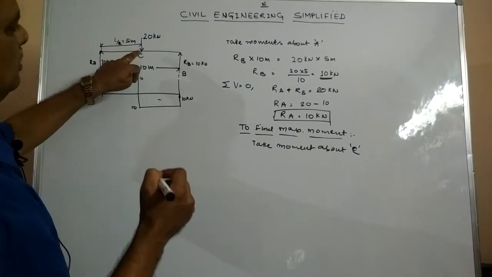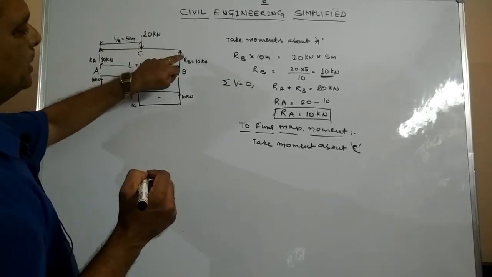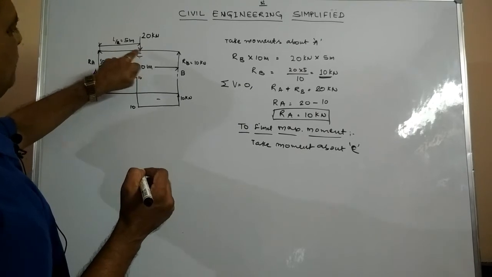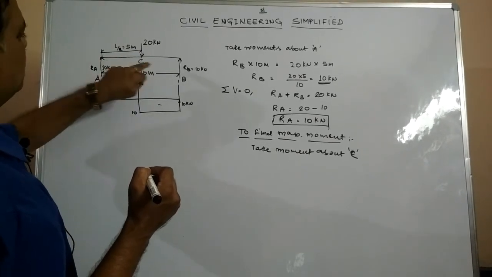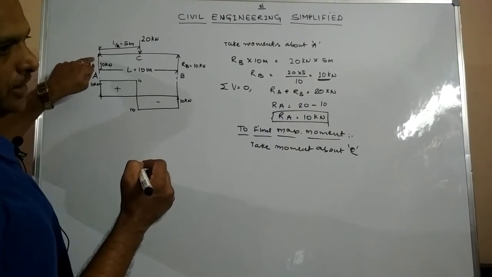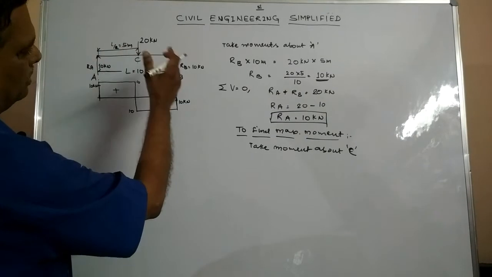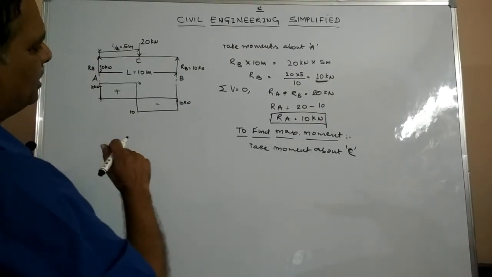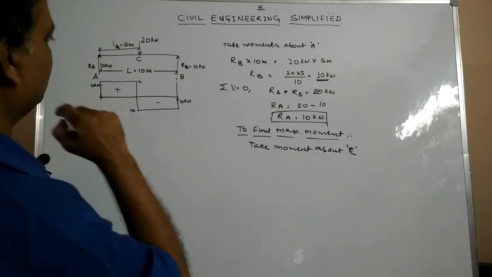So if we take moments about C, we have one reaction on the right-hand side, and we have one reaction of 10 kilonewton at an equal distance acting at the point A. So we can take moment either on the right-hand side or on the left-hand side, because it is totally balanced because of the equal distance.